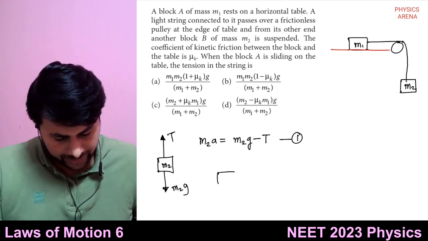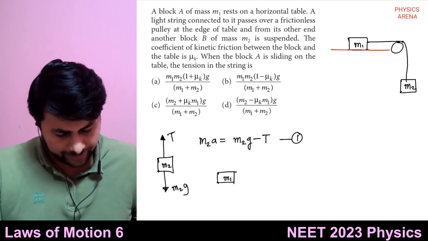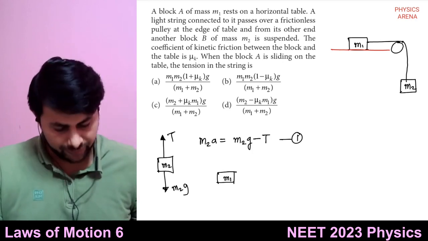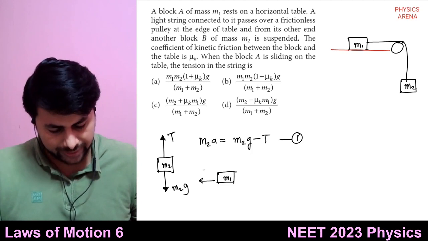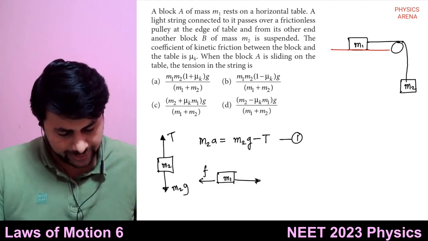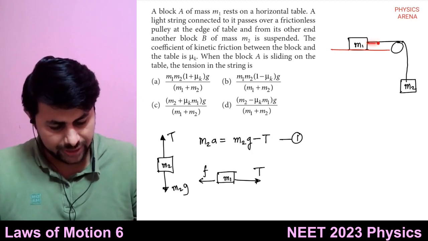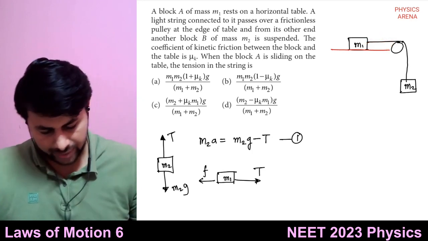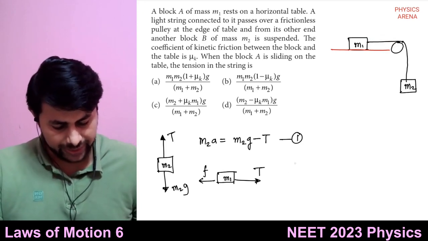Similarly, consider mass M1, and there is some friction acting on this mass M1. So the frictional force acts towards the left, F, and towards the right is the tension in the string. So the net force is M1 times a.